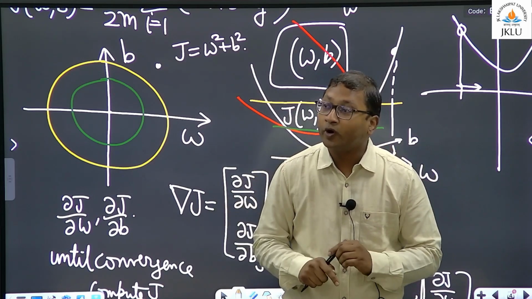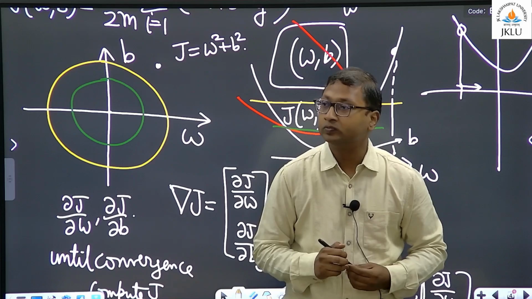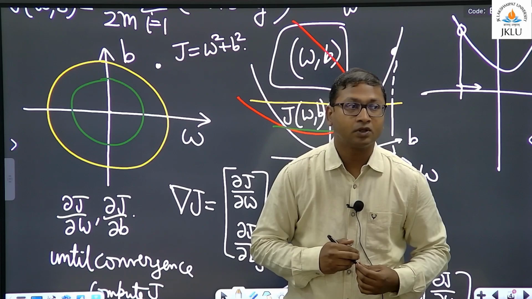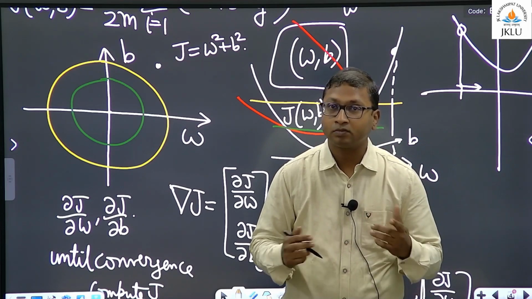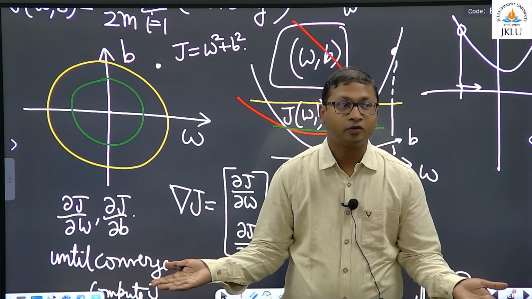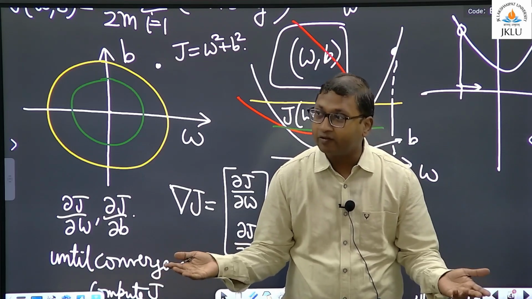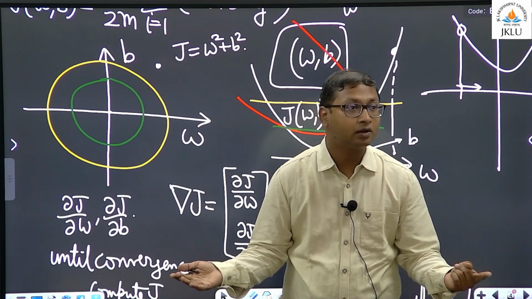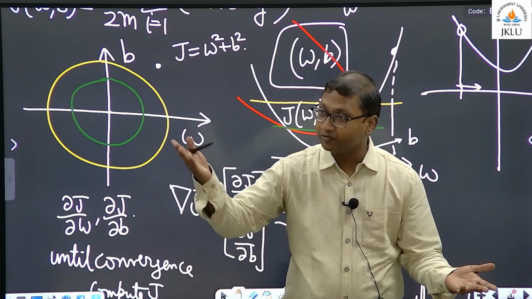Which all points will have height 2? A circle. Which circle?